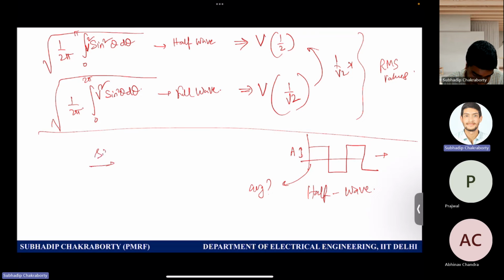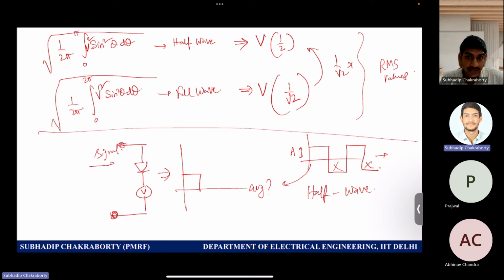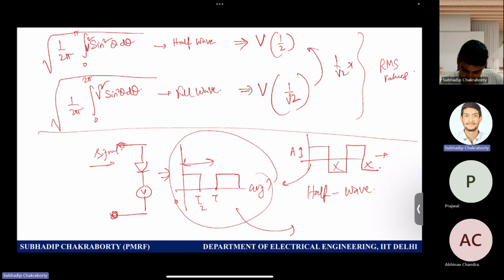So signal is coming, and then you have the voltmeter connected like this. So the negative part of the signal will be eliminated. And what will be the output? Which the voltmeter can only sense like this, right? So T by 2 and T. So what is the average value of this signal? So meter reads only A by 2. Correct.